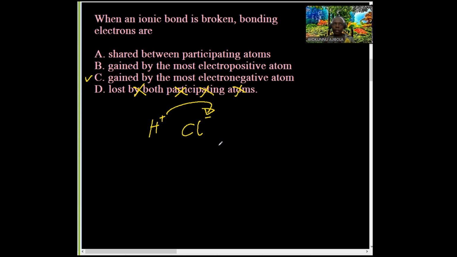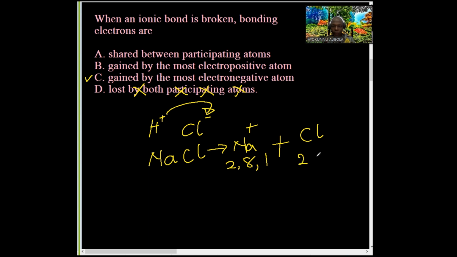But if we look at another example like sodium chloride, sodium is 2,8,1 plus chlorine, which is 2,8,7.